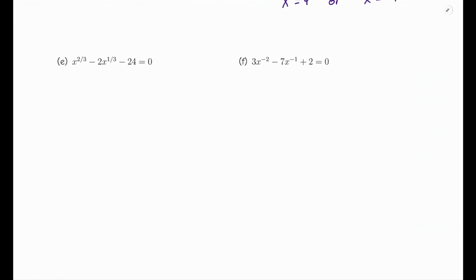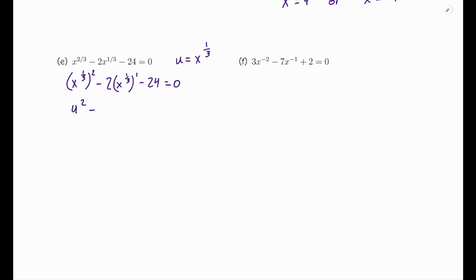X to the 2/3 minus 2x to the 1/3 minus 24 equal to 0. Here I'm hoping you realize x to the 2/3 is just the same thing as x to the 1/3 squared, because 2/3 is double 1/3. So I'm going to let u equal x to the 1/3 here.